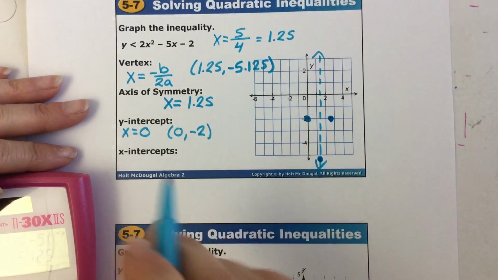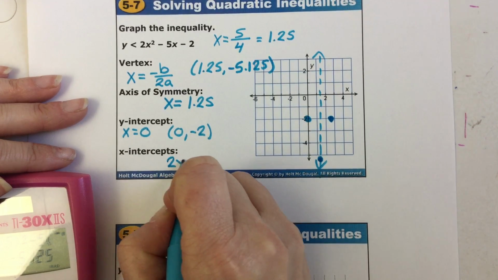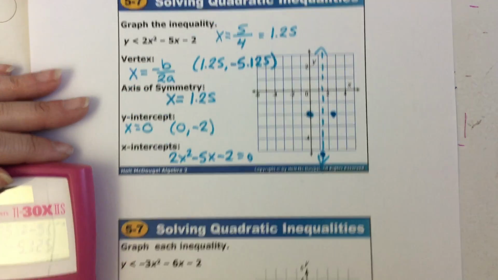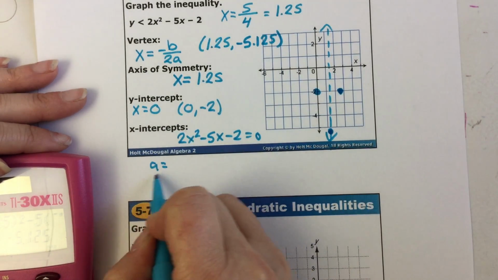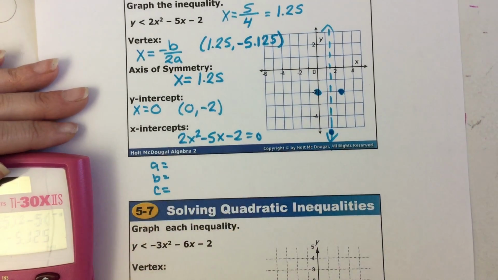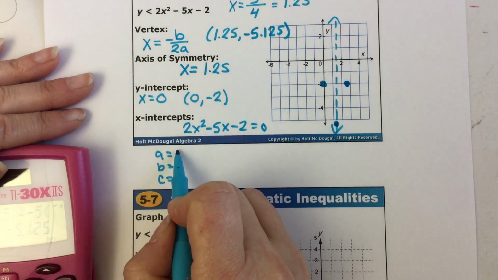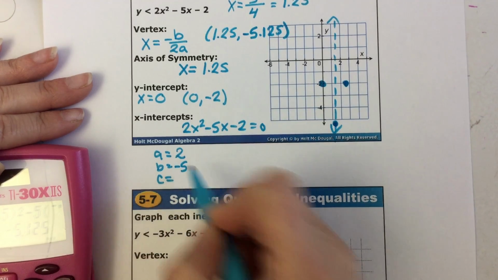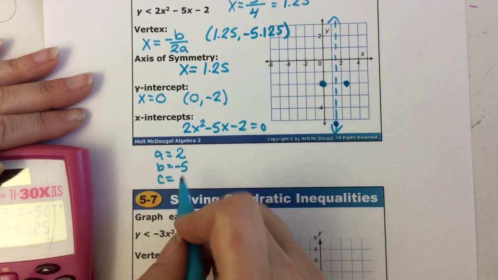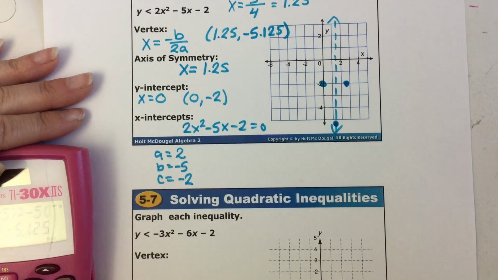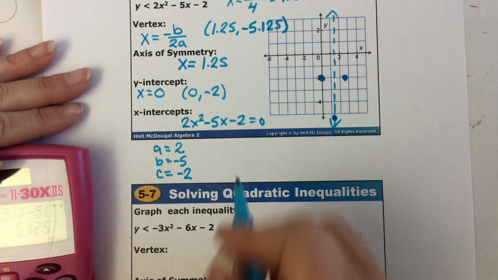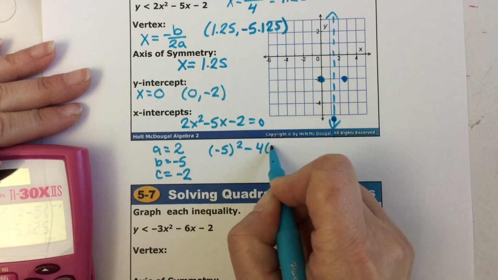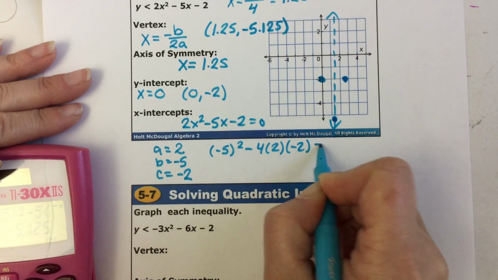For your x-intercepts, I take 2x squared minus 5x minus 2, and set it equal to 0. This time, let's find them by using the quadratic formula. A, the value in front of x squared, is 2. B, the value in front of x, is -5. C, the value at the end, is -2. So to find the number underneath the radical, it's b squared minus 4 times a times c.